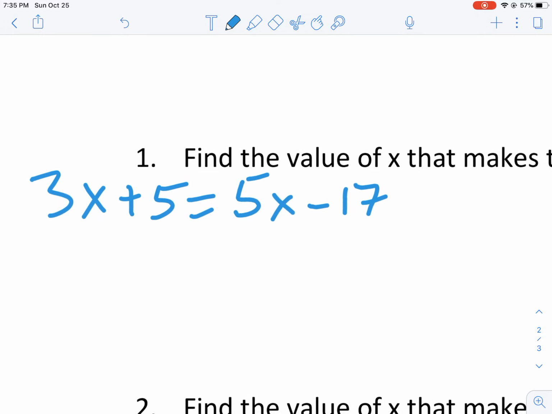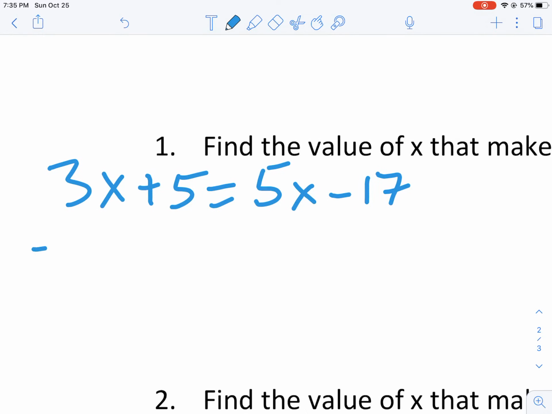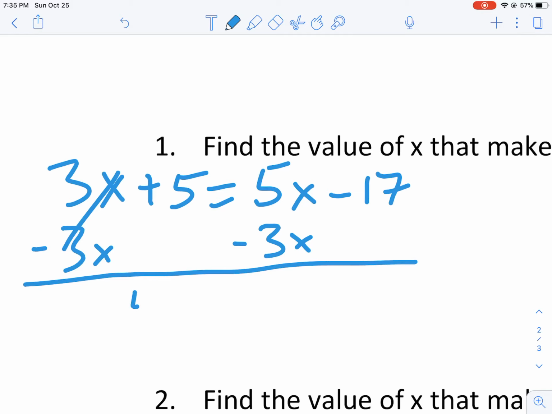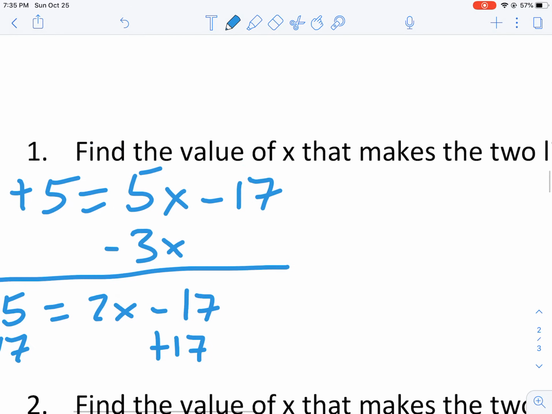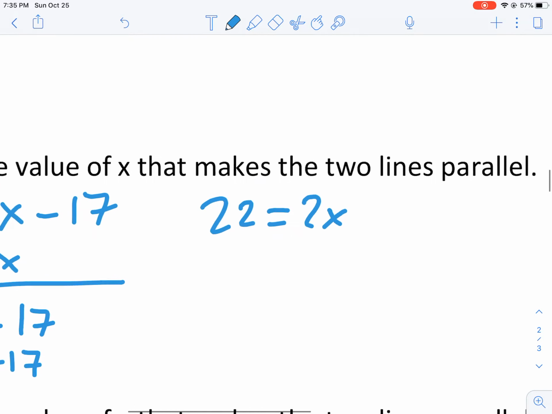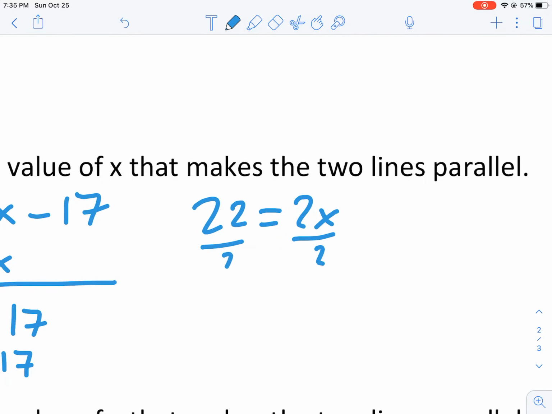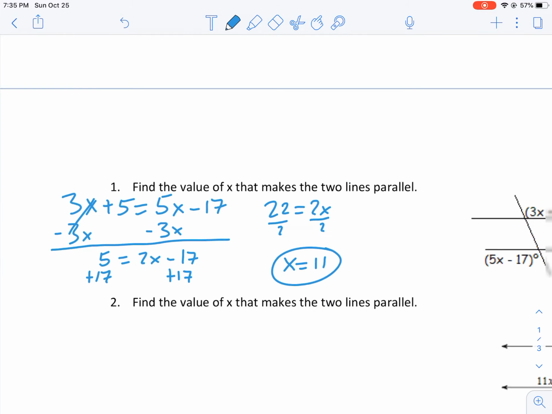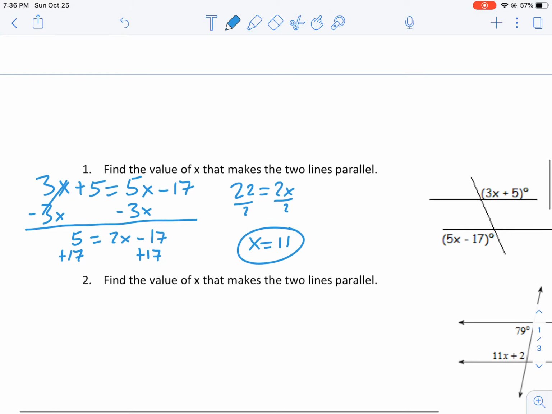Subtract 3x on both sides, which gives 5 equals 2x minus 17. Add 17 on both sides and I get 22 equals 2x. Divide by 2, and x equals 11. So in order for those lines to be parallel, we would need x to be equal to 11.